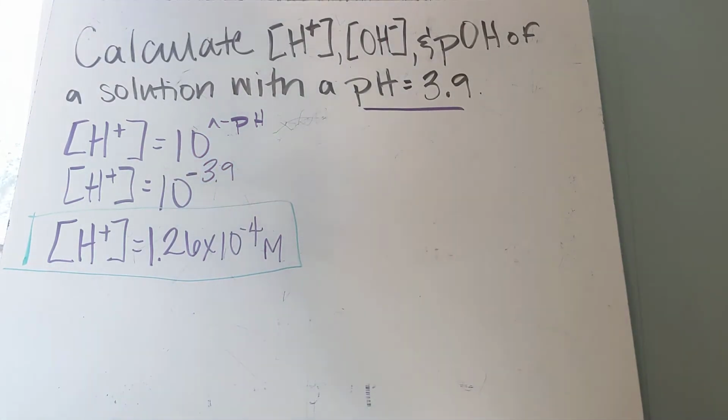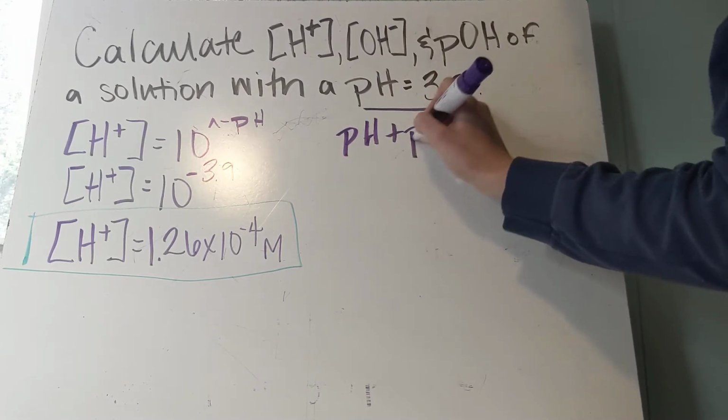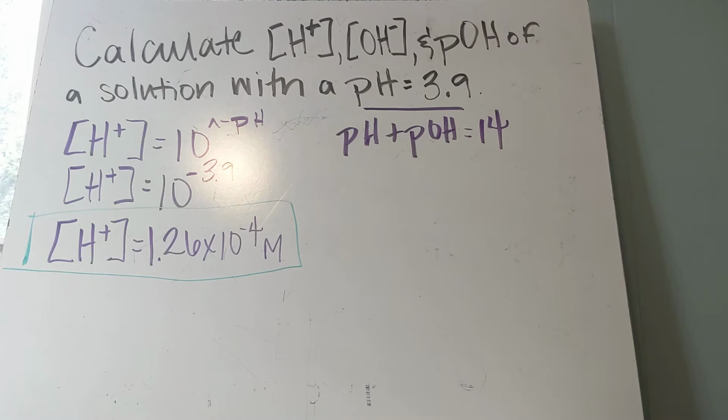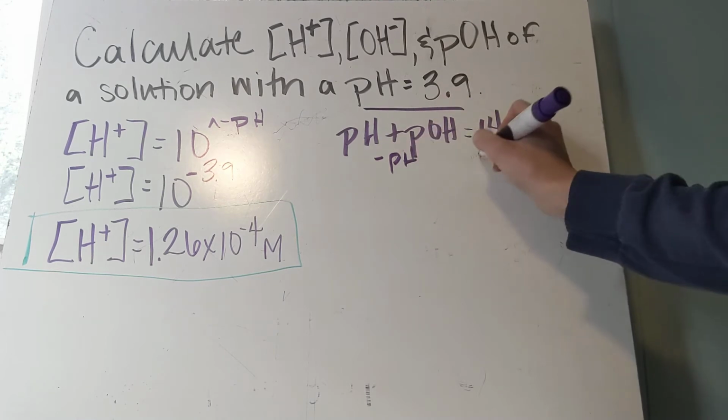Let's see. Where do I want to go next? I think I will calculate pOH next. I'm going to calculate pOH using the formula pH plus pOH equals 14. In order to get pOH by itself, I'm going to subtract pH from both sides.